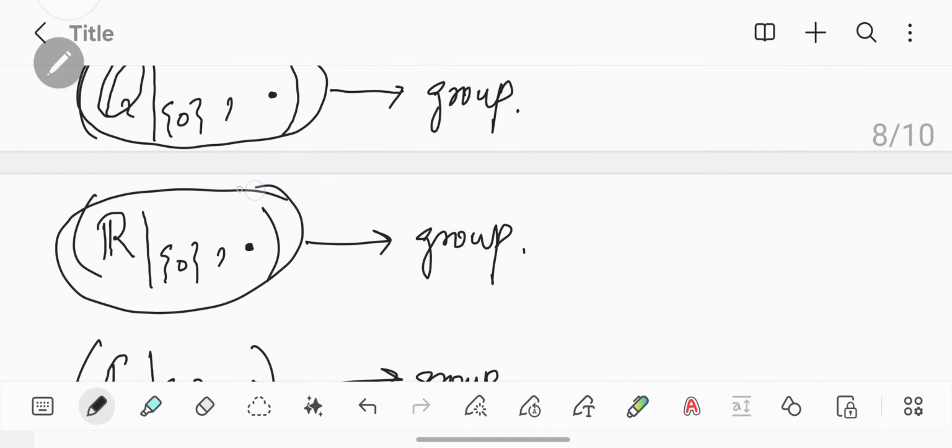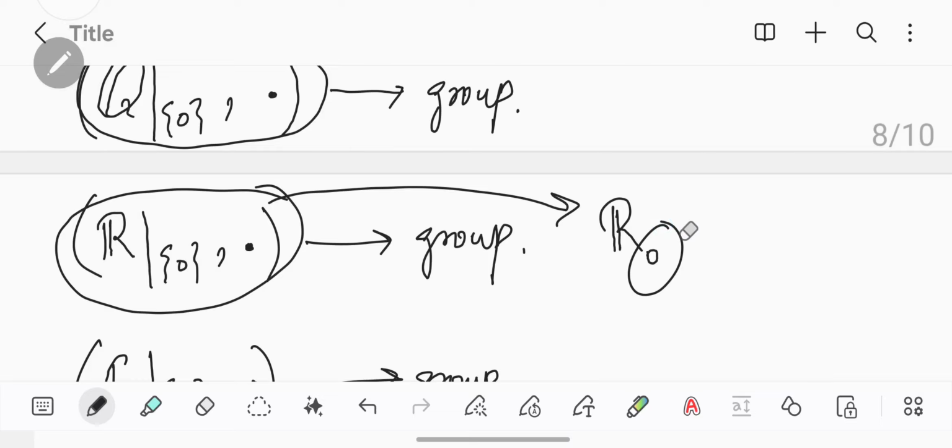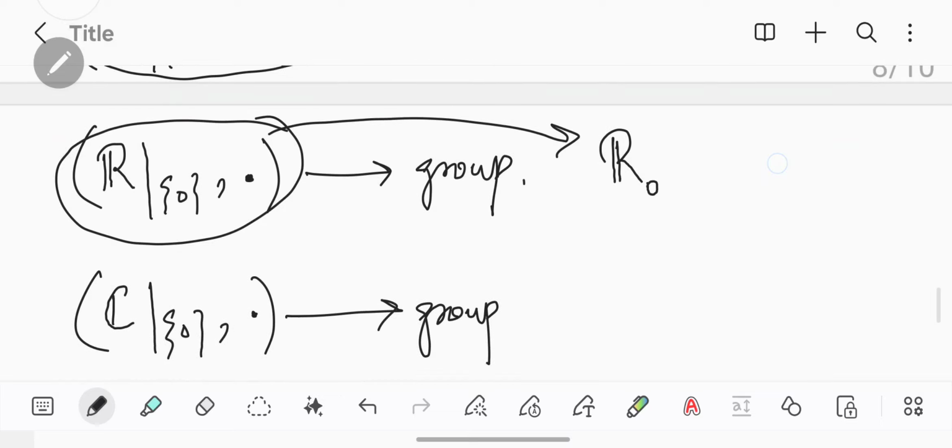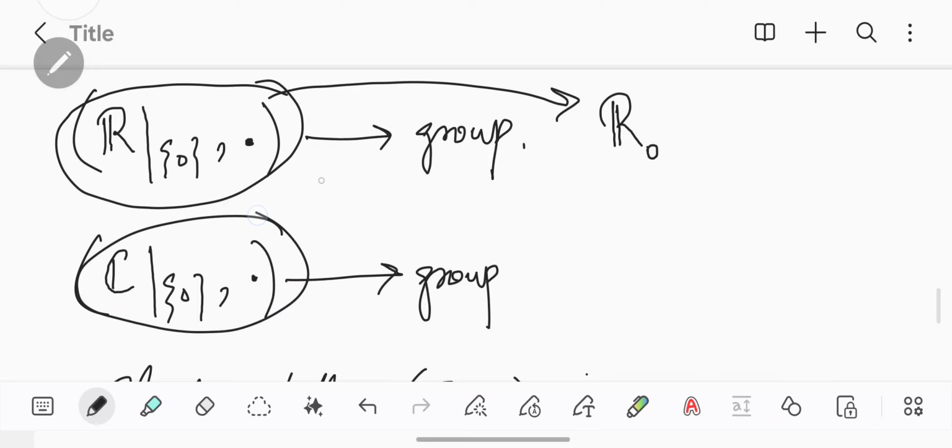Similarly, this group can be written as R0. That means R without 0 is a group with respect to multiplication. Similarly, this can be written as C0. That means C without 0 is a group with respect to multiplication.